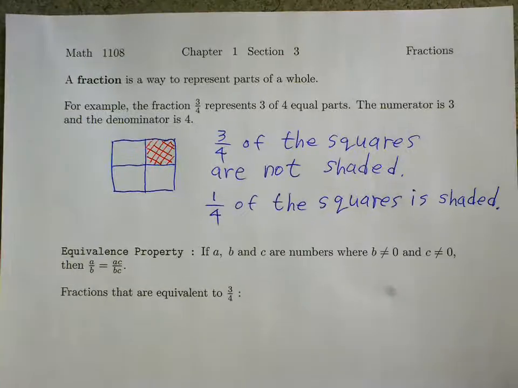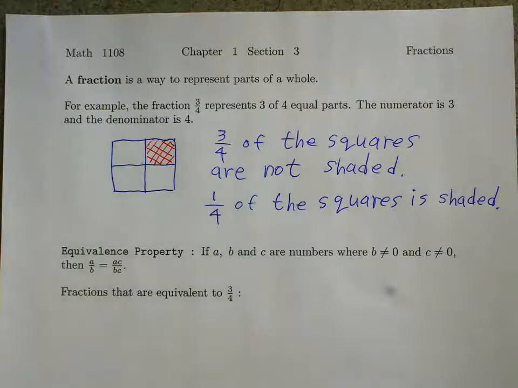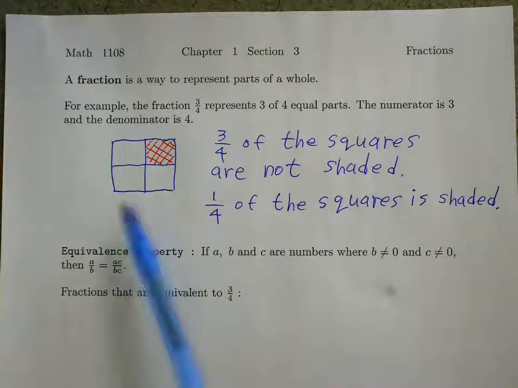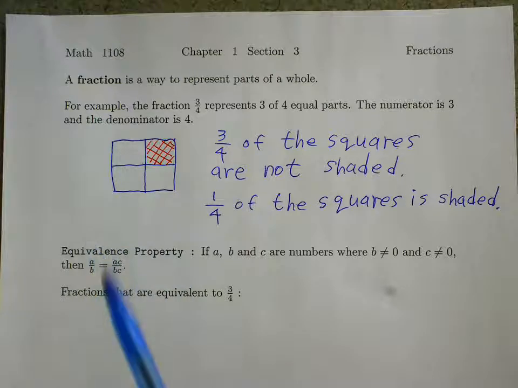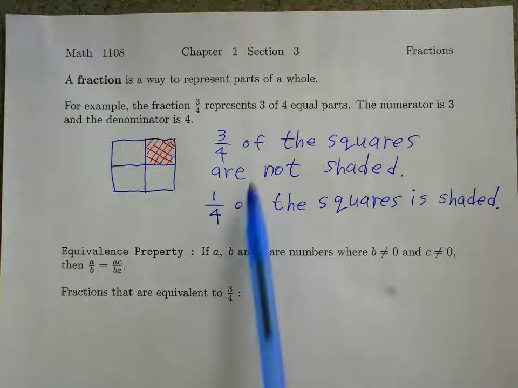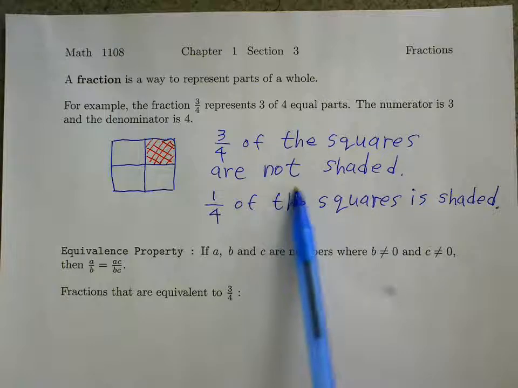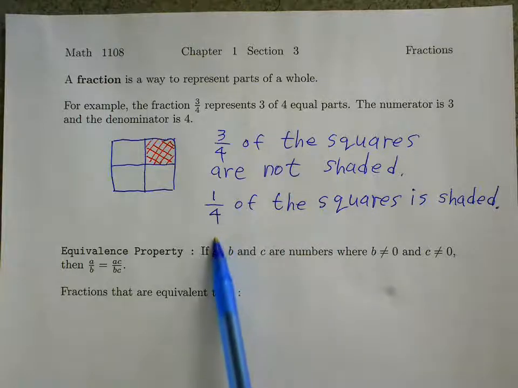Okay, but 1/4 or 3/4 for that matter, that can represent quantities for a lot more squares than just 4 squares. This just indicates that 3 out of every 4 squares are not shaded, and 1 out of every 4 squares are shaded.